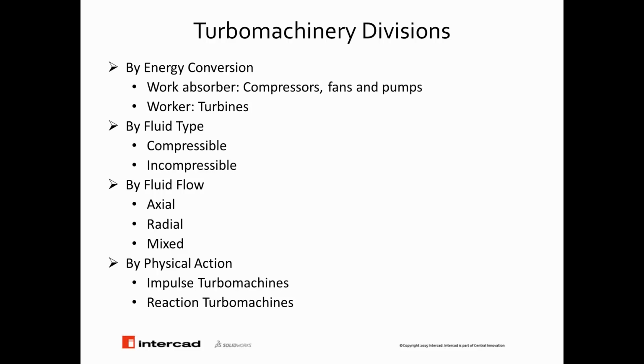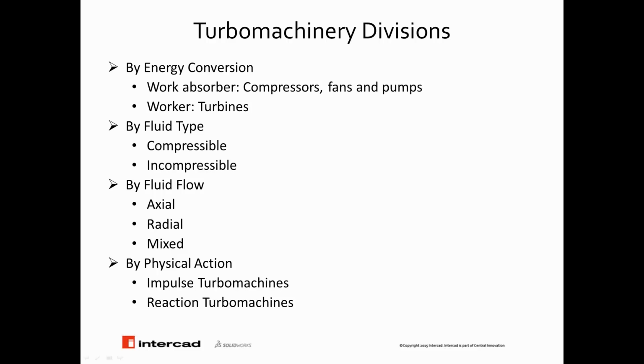The third category is based on the fluid flow directions: axial flow in and out, or axial flow in and radial flow out, or a mix of both axial and radial in our turbomachine. And the last type is about its physical action, either impulse turbomachines or reaction ones.